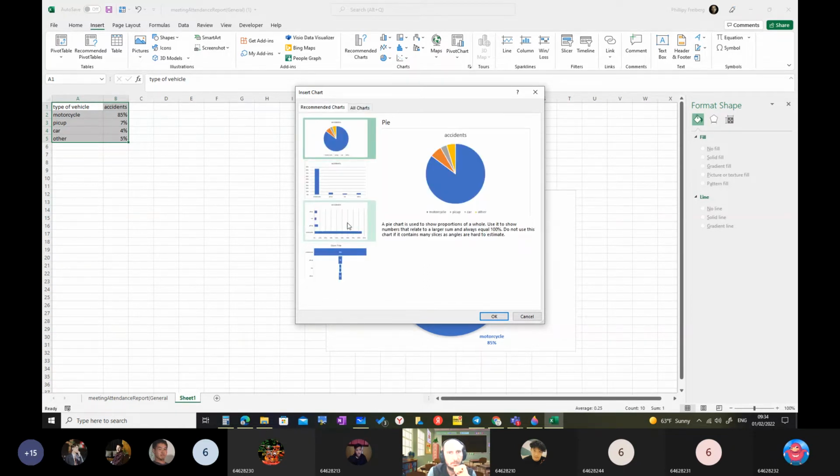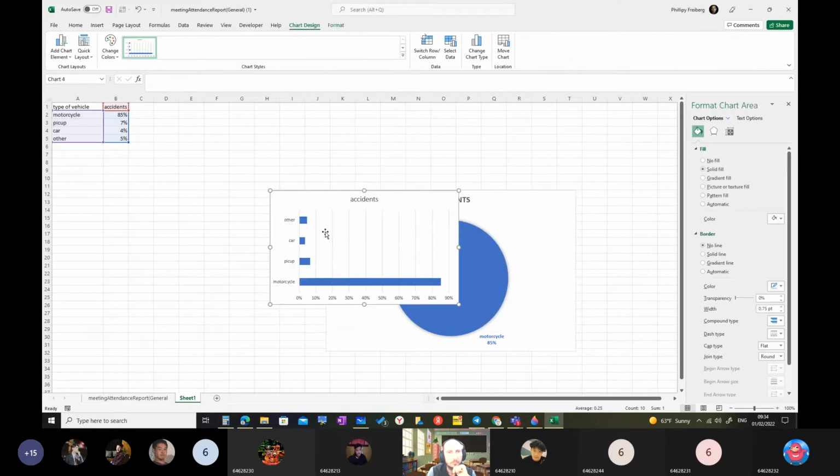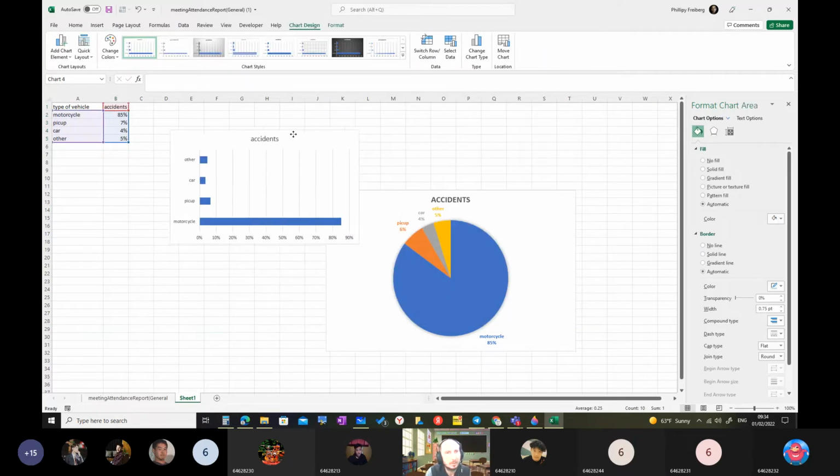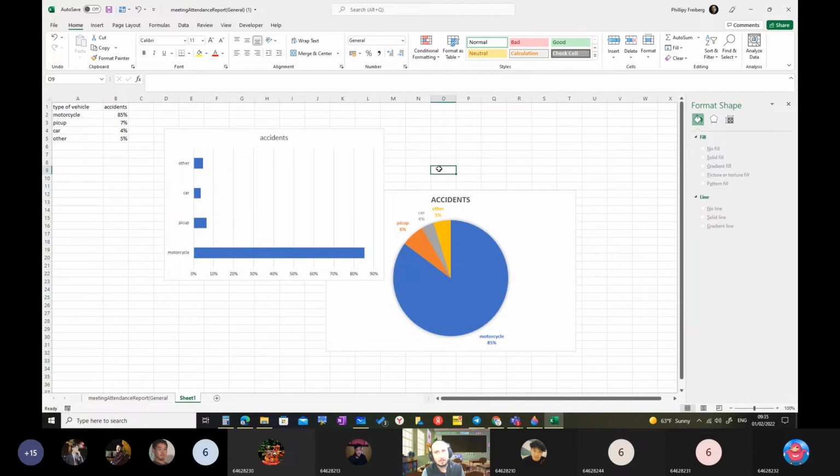Bar, clustered bar chart, right? Sometimes it will give you some nonsense, so you need to decide, no, it doesn't work, okay? So again, you can see motorcycles are leading, okay? So this is an important thing.